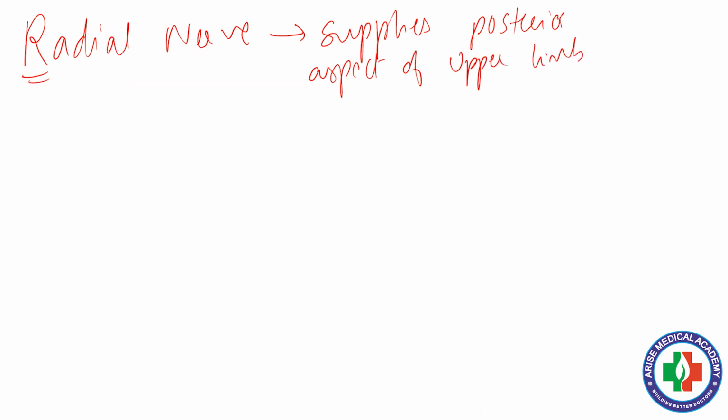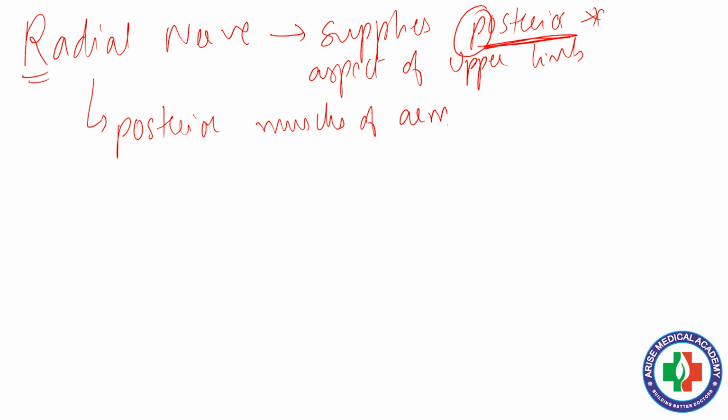Now we are trying to understand what it supplies. Keep this word posterior, or this letter P, in mind in relation to the radial nerve. The radial nerve supplies the posterior muscles of the arm. And what are the posterior muscles of the arm, guys? Triceps and anconeus.